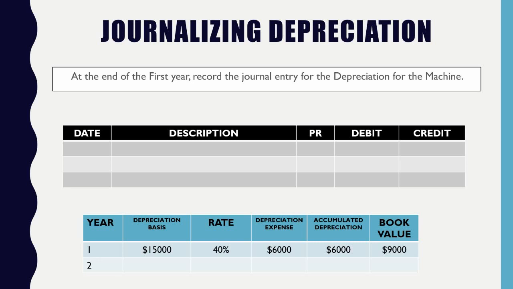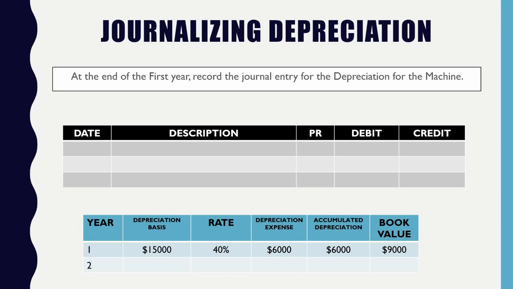So, journalizing is by far going to be one of the easier concepts to understand. It's only calculating that's going to cause us to make the most mistakes. Okay. So again here, let's go ahead and journalize the depreciation for the first year.